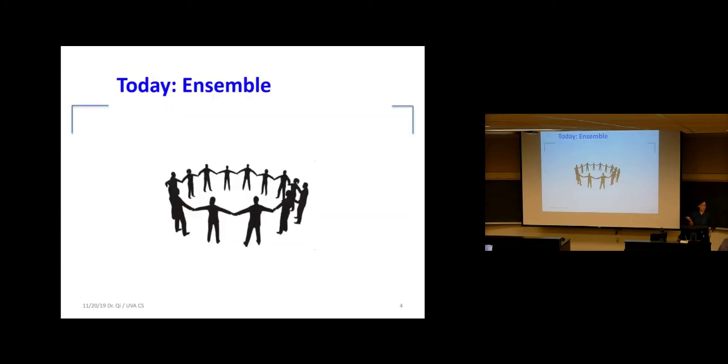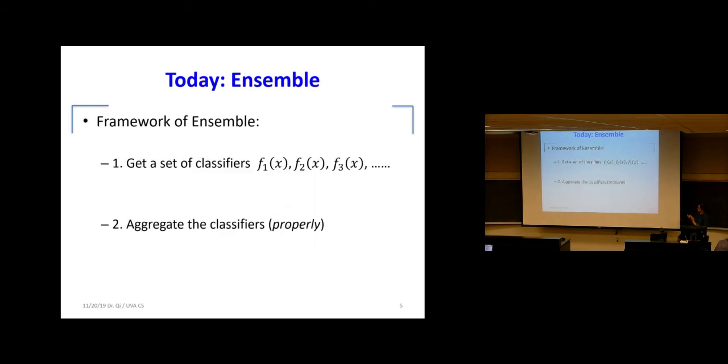Okay, so what is ensemble? You can think of it as really a committee of prediction models trying to do the job together. There's this crowdsourcing idea, and a lot of this comes from crowdsourcing. When we talk about ensemble, the general framework is normally like this.